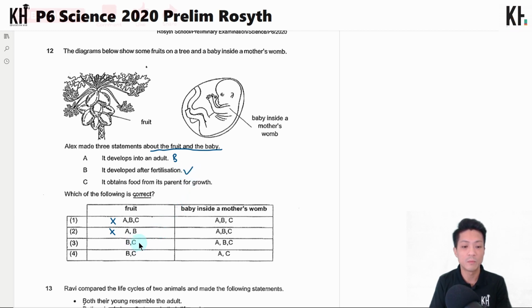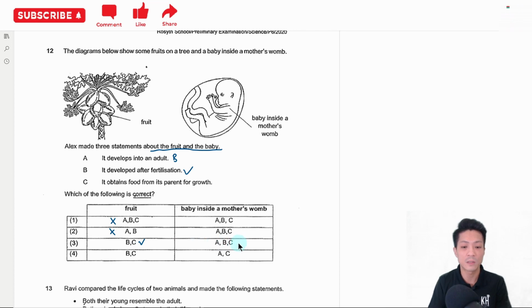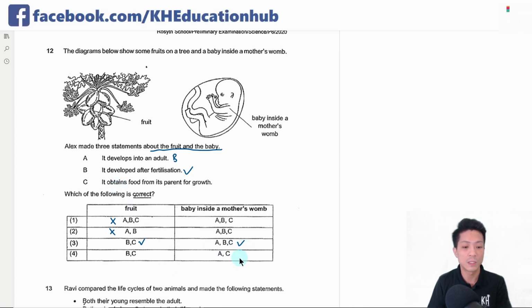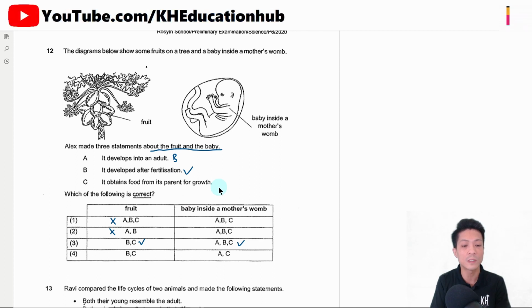So for both the fruit and the baby, they will need option B. So I think it is pretty clear that the answer should be number 3, because a baby inside a mother's womb, A and C, obtains food from its parent for growth. Yep, the answer is number 3.